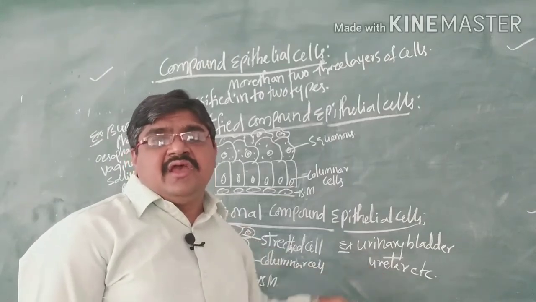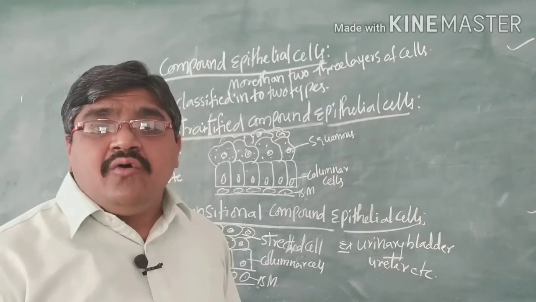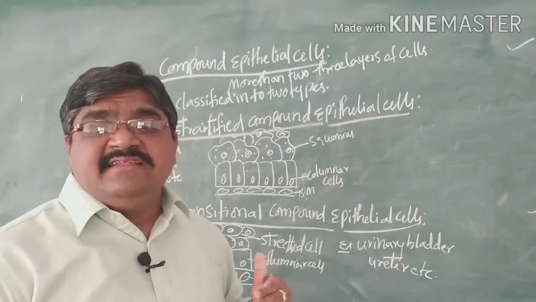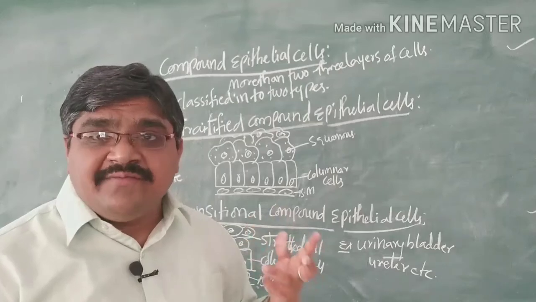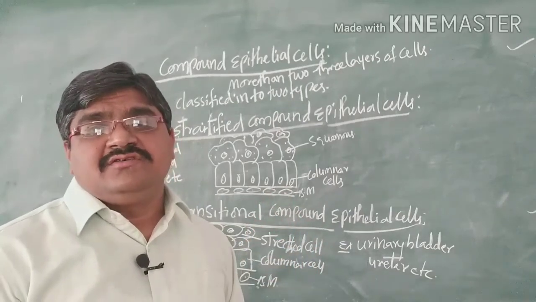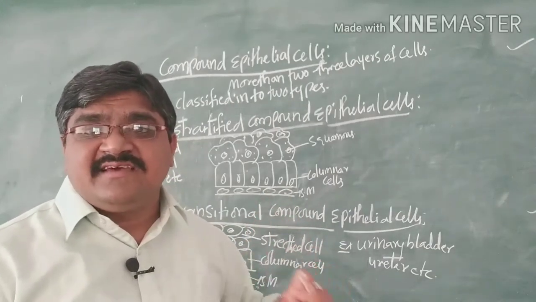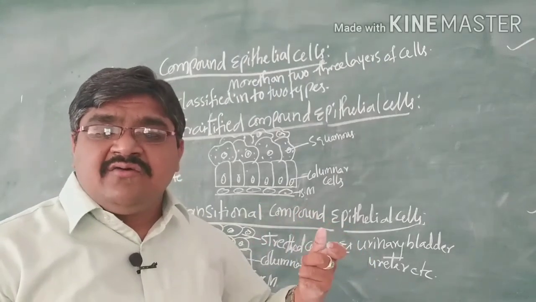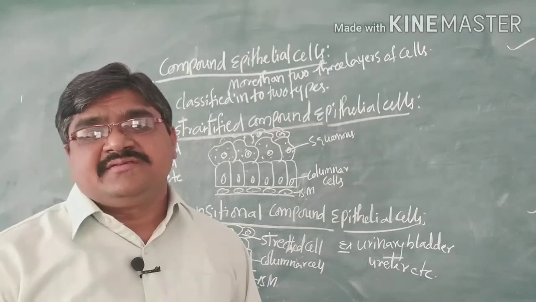So these are the types of compound epithelial cells. Epithelial cells are majorly classified into two types, simple and compound. Simple means having only one layer of cells. If they have more than 2 layers, we call them compound.